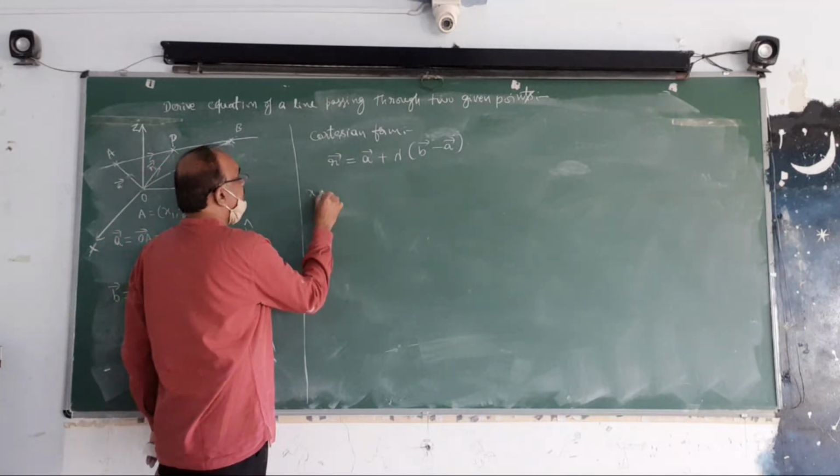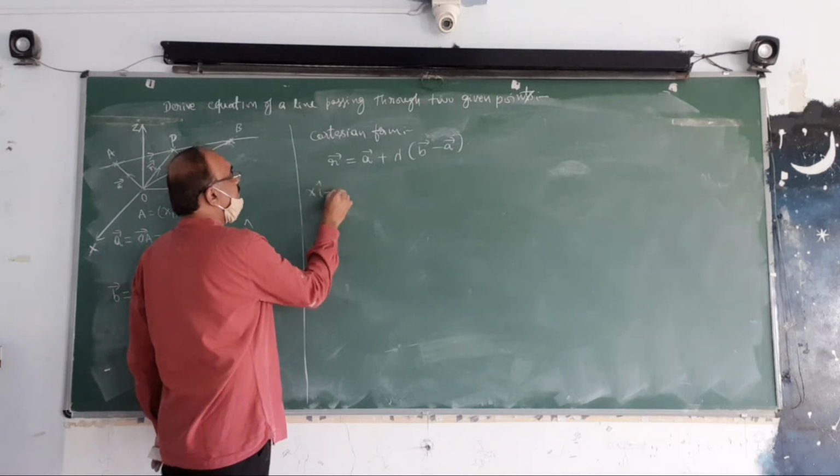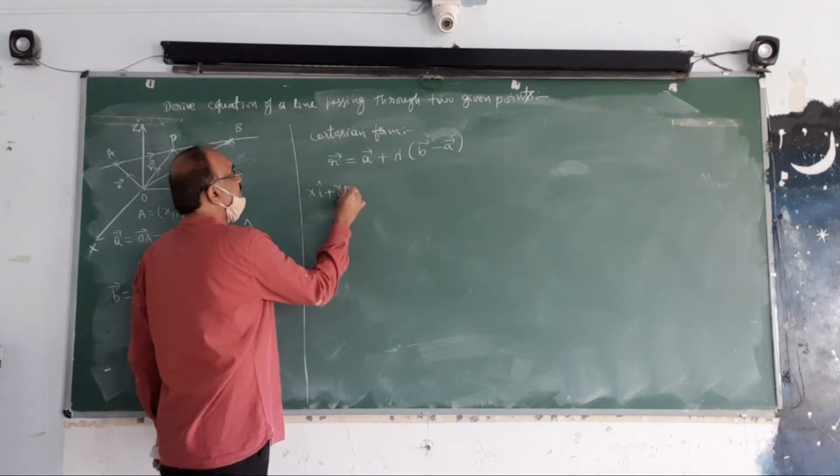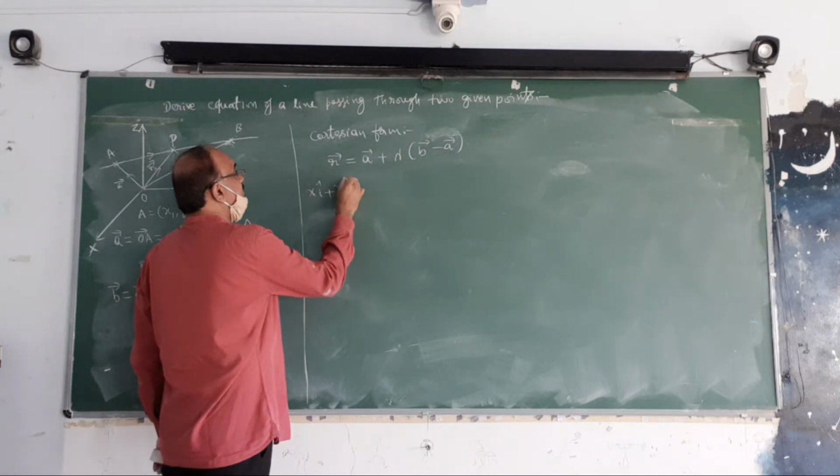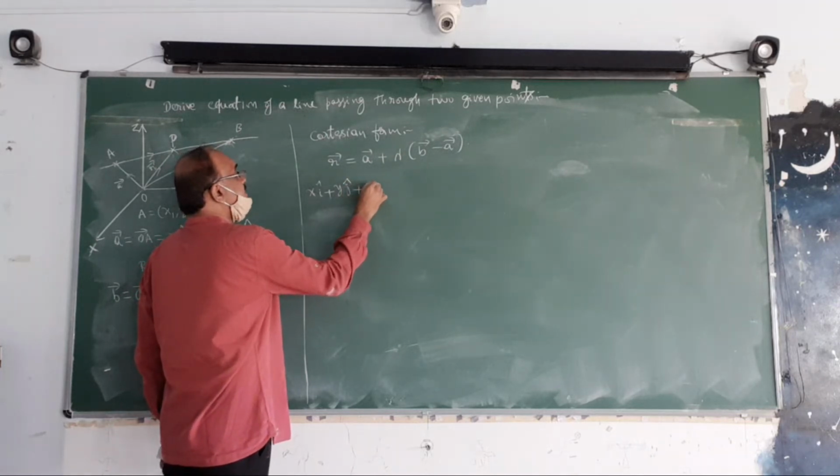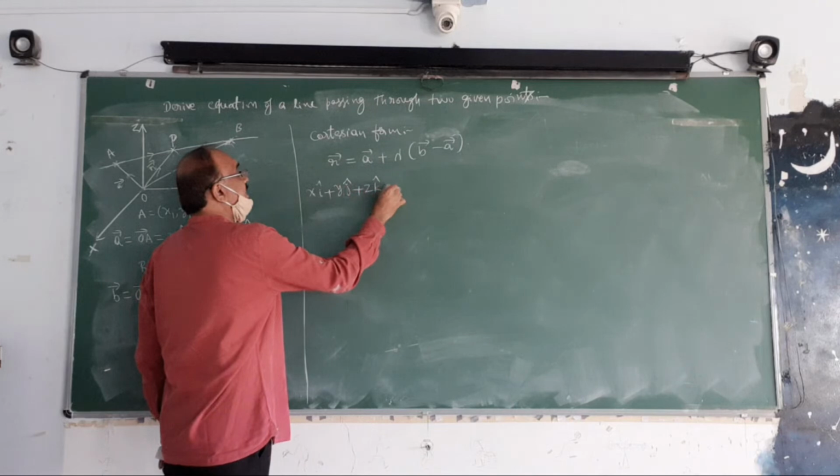So, r is what? x. I substitute everything in component form. xi plus yj plus zk is equal to a.